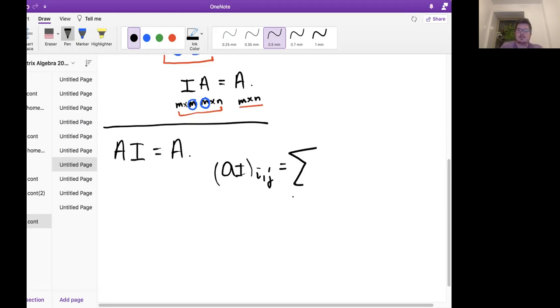So we're summing from k equals 1 to whatever the shared dimension is. Let's call it n. Sorry, I think my laptop's kind of overheating.